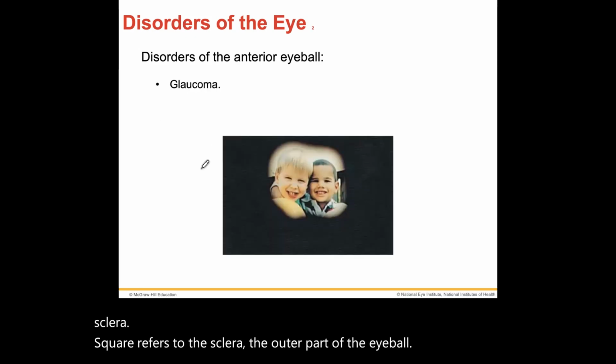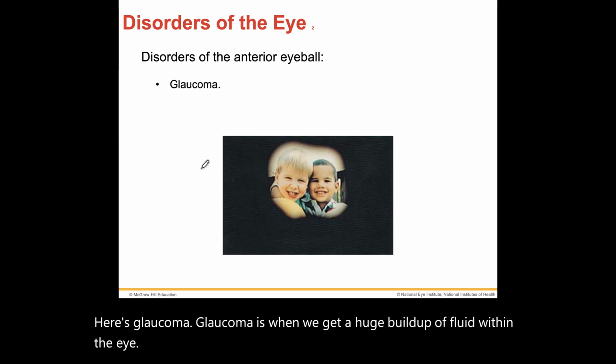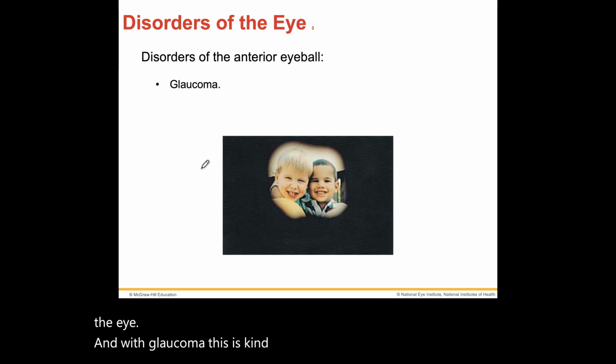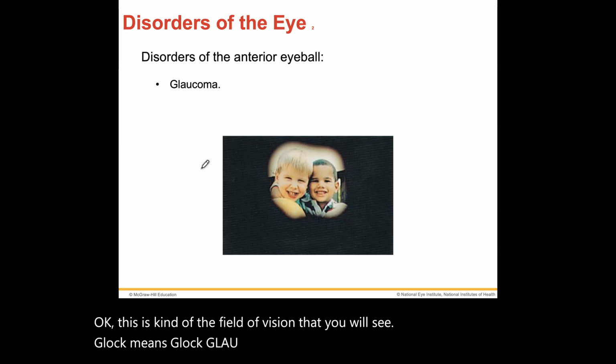Here's glaucoma. Glaucoma is when we get a huge buildup of fluid within the eye. With glaucoma, this is the field of vision you will see. Oma always means tumor, or in this case, a mass.